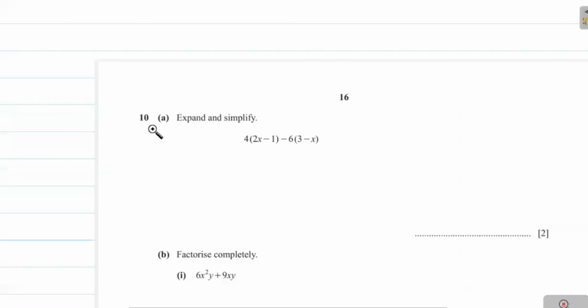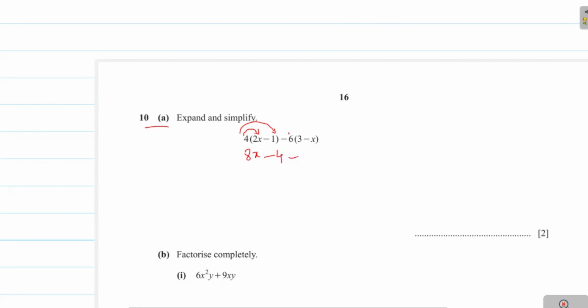Question number 10, part A. Expand and simplify 4 into 2x minus 1 minus 6 into 3 minus x. Firstly we multiply 4 by 2x, we get 8x, and 4 multiplied by minus 1, we get minus 4.